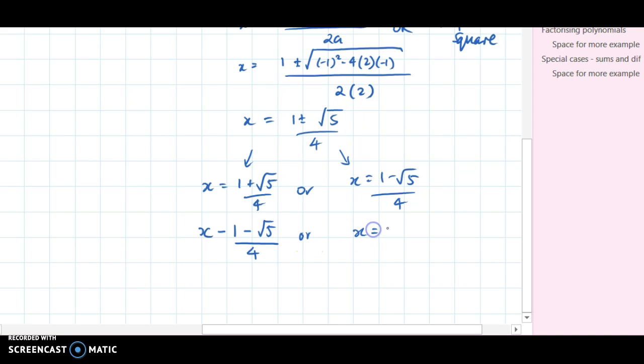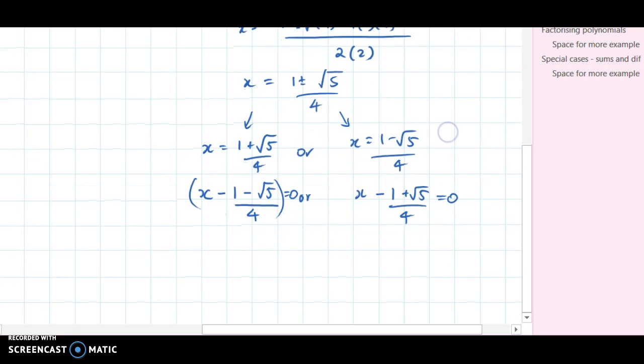And the same over here: x minus 1 plus root 5 over 4. Right? So this will be in brackets. So that equals 0 and that equals 0 because you've moved the whole thing over. Then you get the polynomial.